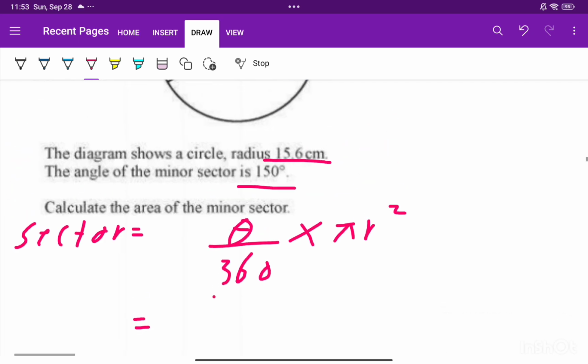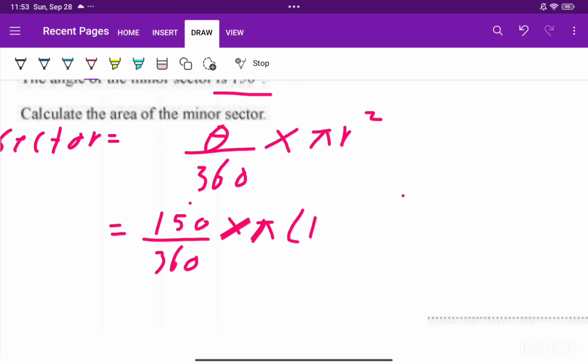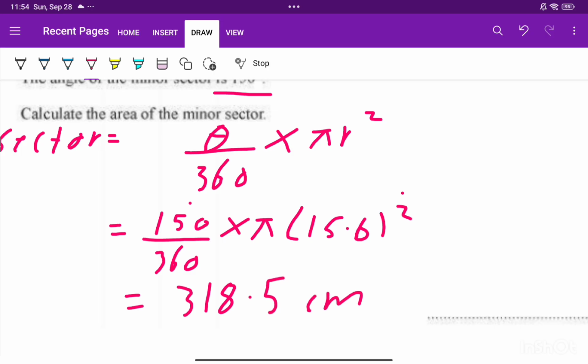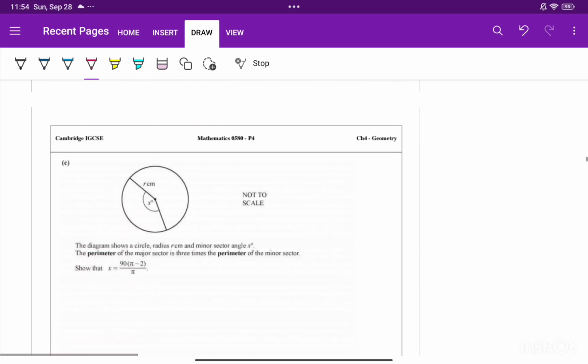Here the angle is 150 degrees, so 150 upon 360 multiplied by pi, and r is 15.6 squared. So the answer will be 318.5 centimeters squared. This is our answer. Let's move to part C.